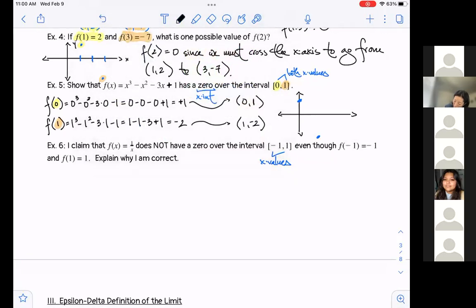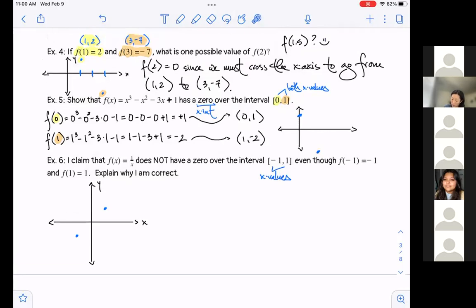So if we were to imagine plotting those points right now, x, y, we have one point that is -1, -1, and the other point that is 1, 1. Based off of what we've been talking about, if I were to connect those 2 points, wouldn't I have to cross the x-axis at some point?